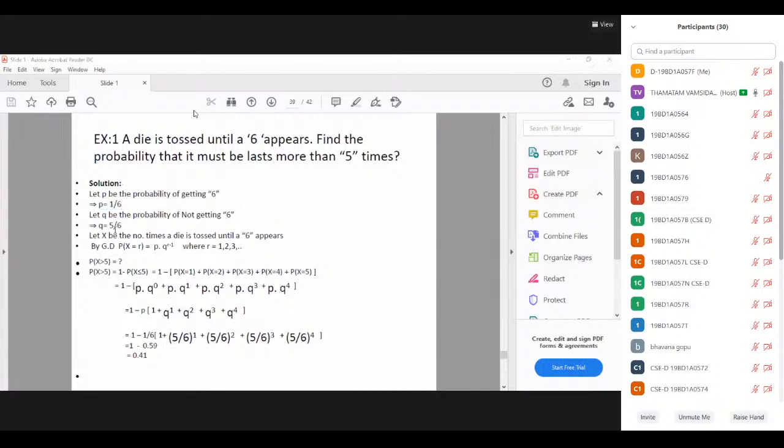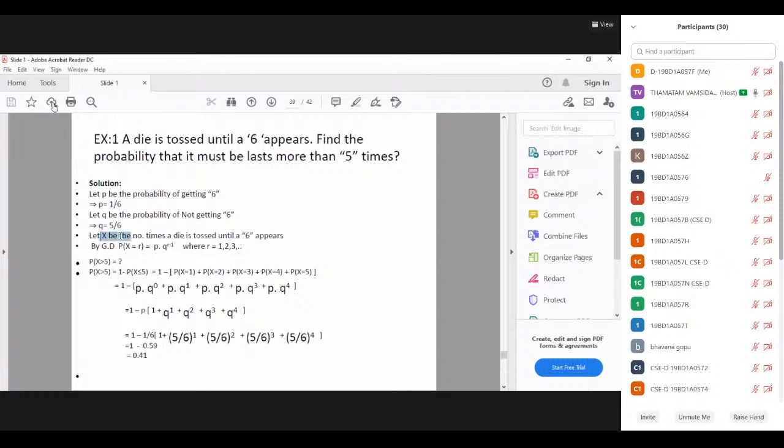If you know small p, then easily you can find small q. What is small q? 1 minus p. P you know is 1 by 6, so q is 5 by 6.